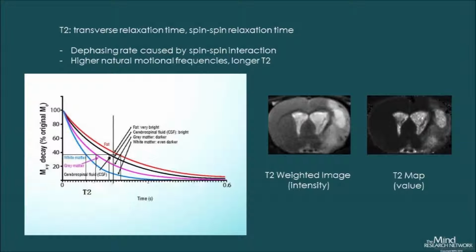The white matter has the fastest T2 decay, and the CSF has the slowest. Correspondingly, the T2 is larger in CSF. Proportionally, higher T2 values correspond to higher intensity on the T2 weighted image.